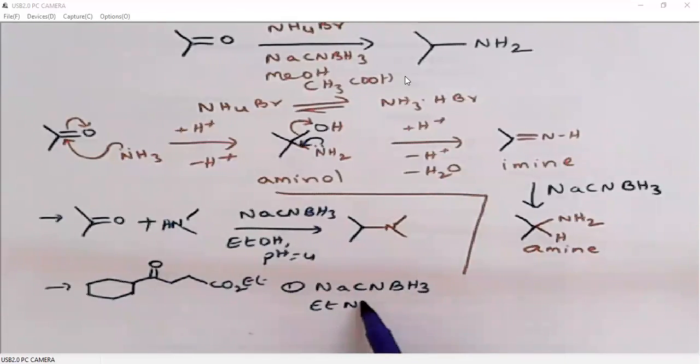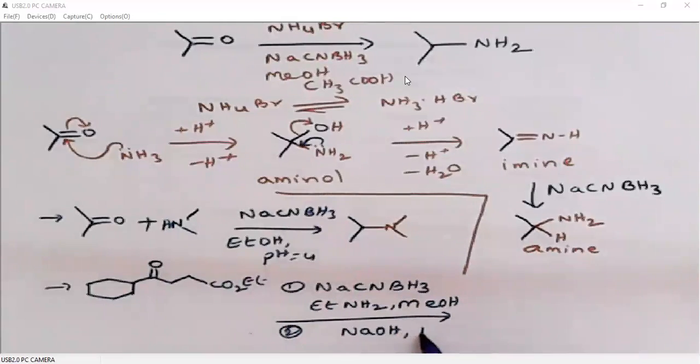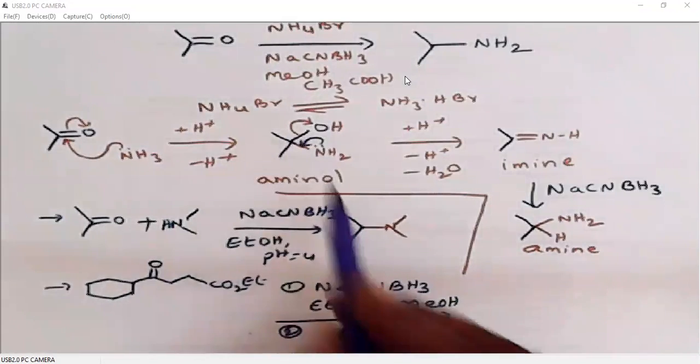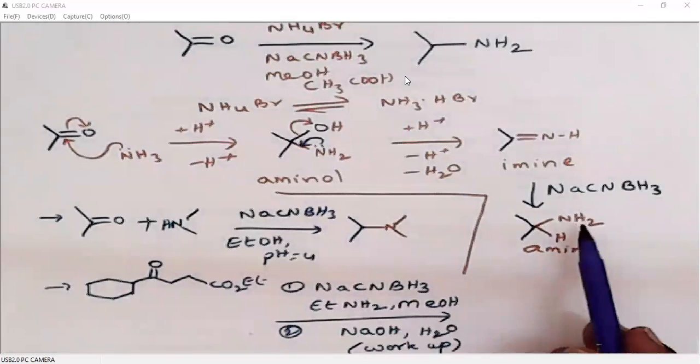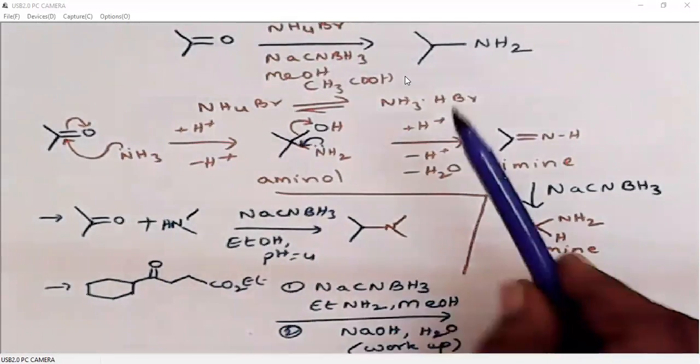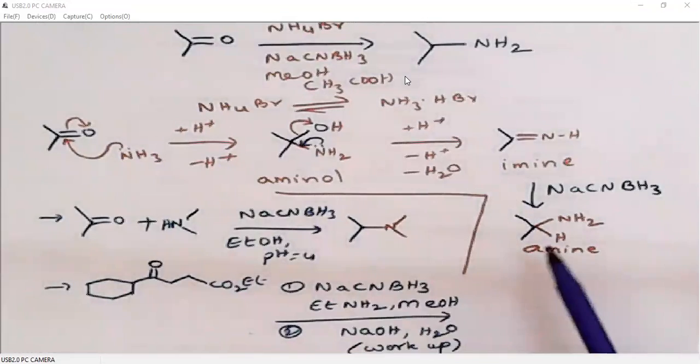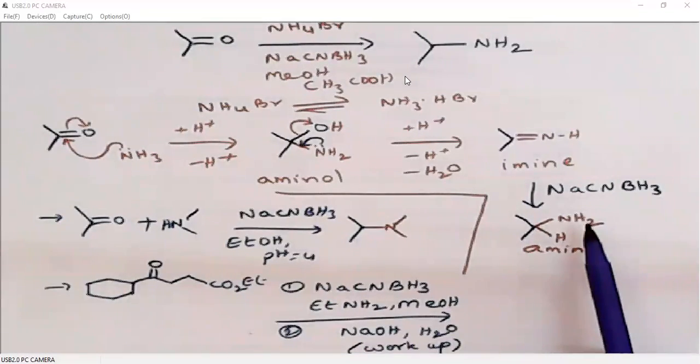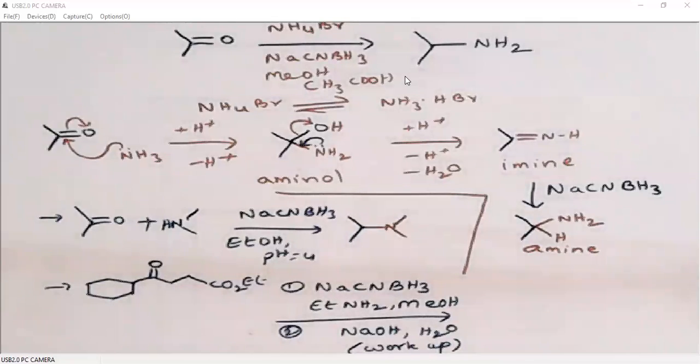Here I am using ethylamine, and we must do a sodium hydroxide workup. That means washing with sodium hydroxide in a separating funnel. In acidic conditions, pure amine will not be available because acid is there, so the amine will be protonated and available as ammonium ion.